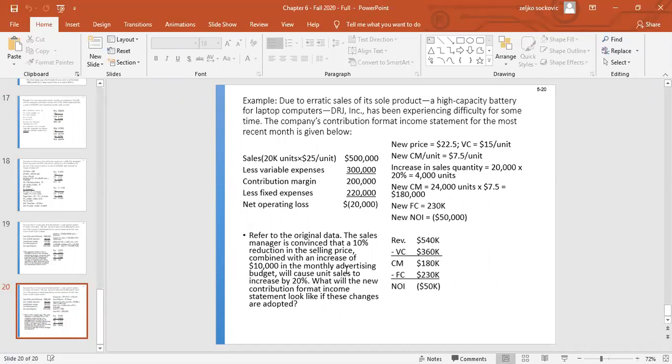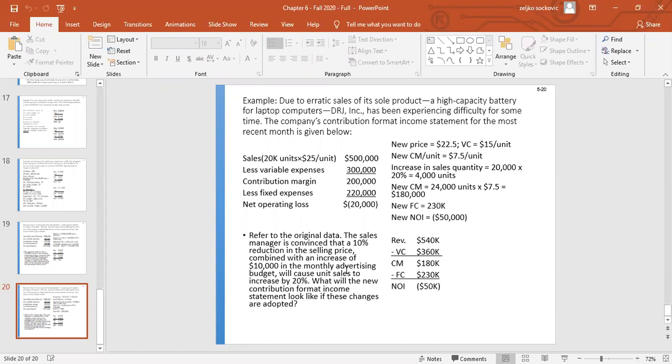This chapter is important, not because we will use a lot of contribution margin, break-even or margin of safety in the future, but because we will use this contribution margin format, or I should say variable-fixed cost format, for all chapters, much more than the traditional format.